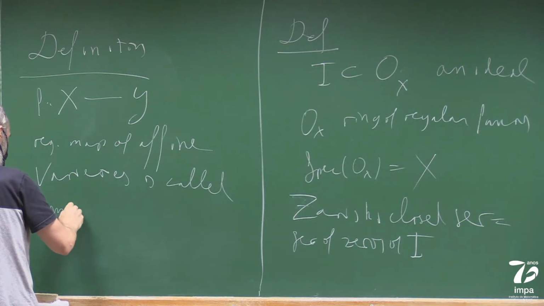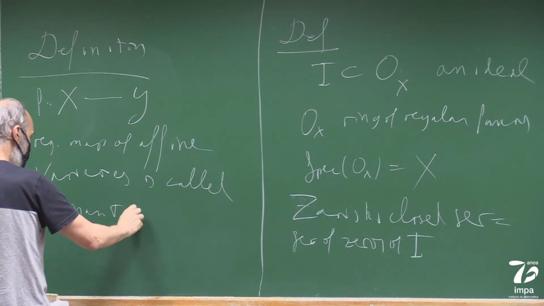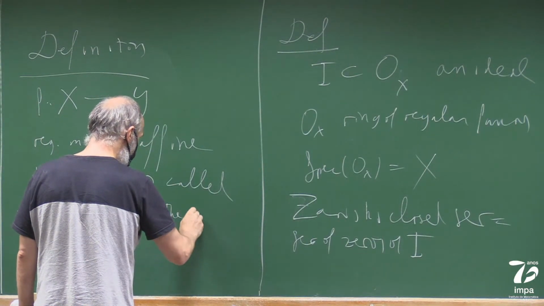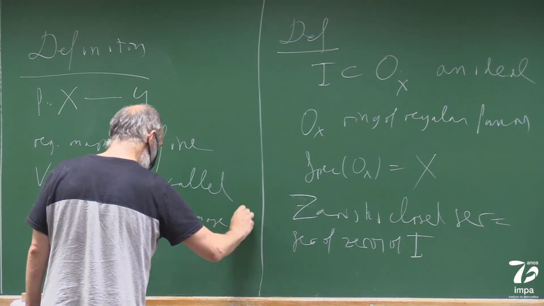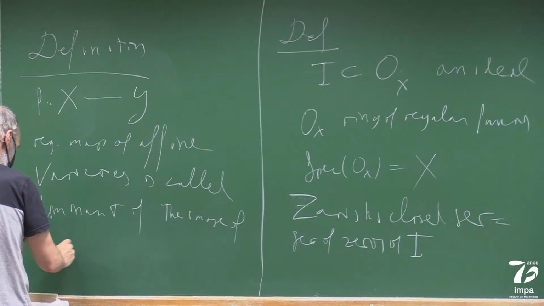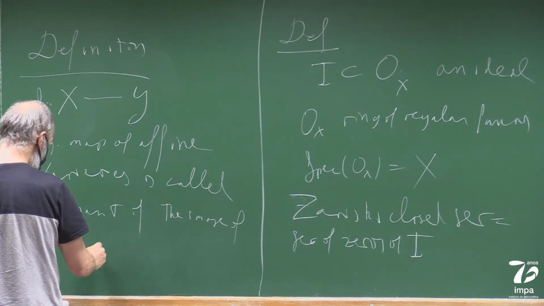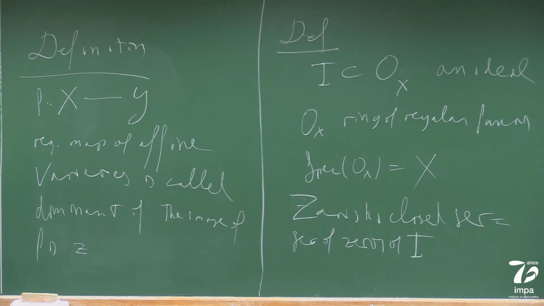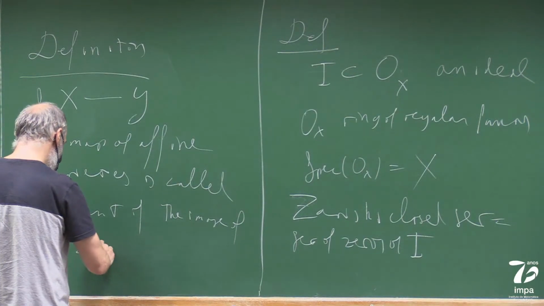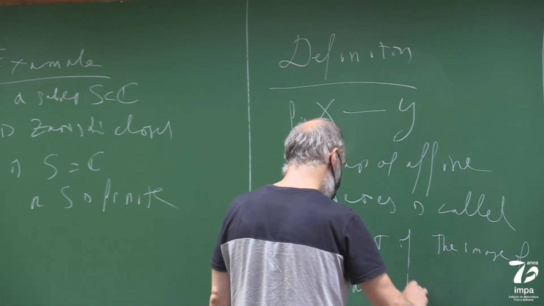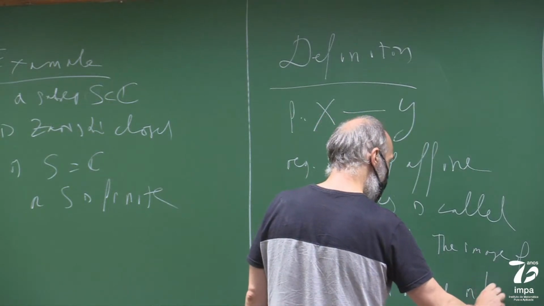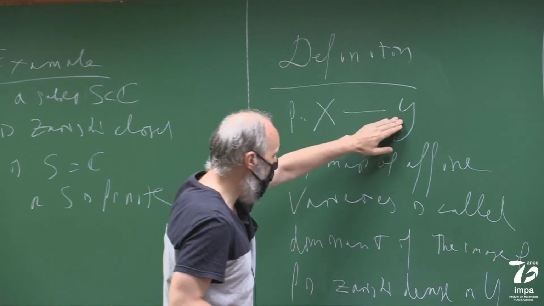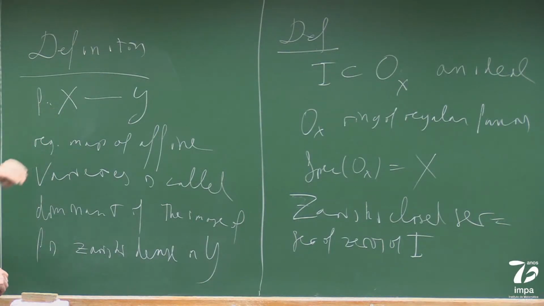Dominant, if the image of f is Zariski dense, so it doesn't contain any non-trivial closed subvariety. In other words, there's no proper closed Zariski subvariety of Y which contains the image of f.